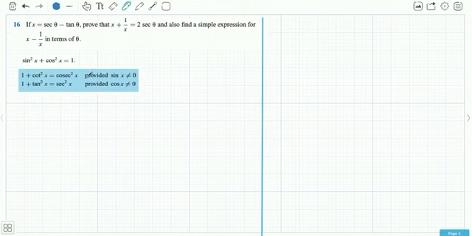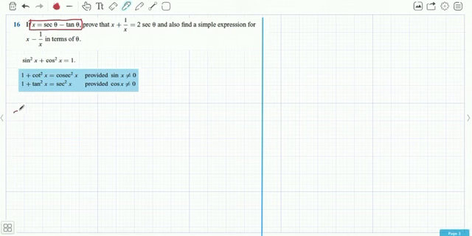So we've got, if x equals sec theta minus tan theta, prove that x plus 1 on x equals 2 sec theta, and also find a simple expression for x minus 1 on x in terms of theta. Now there's a lot going on here. So with this one, what you'd want to be looking at is, first of all, that is what you keep in your head. Okay, and you've got an x going on, which is just all this stuff, and you've got a 1 on x going on as well.